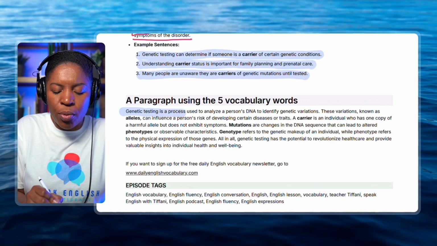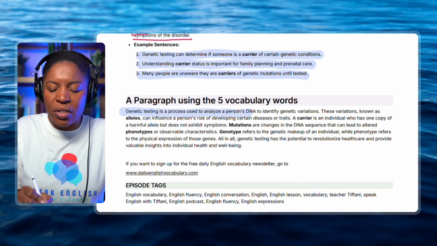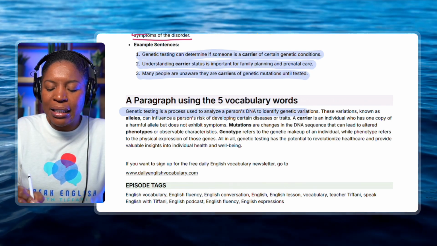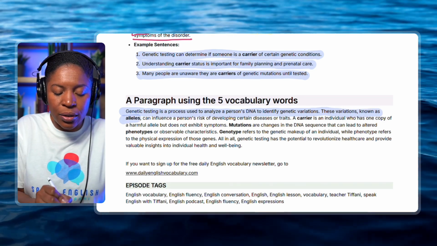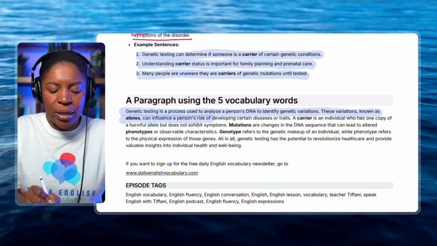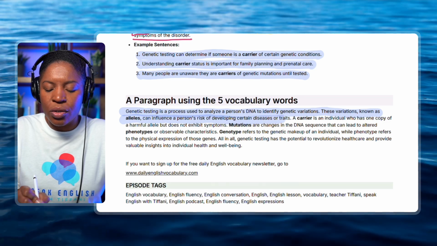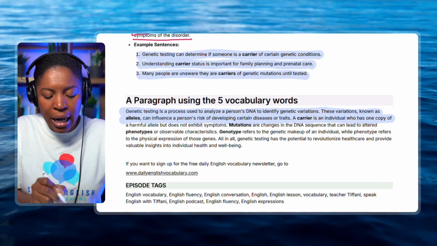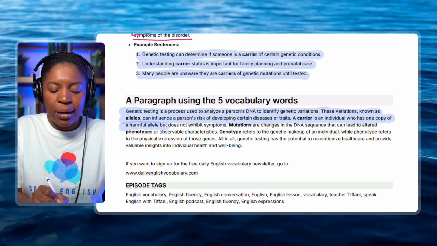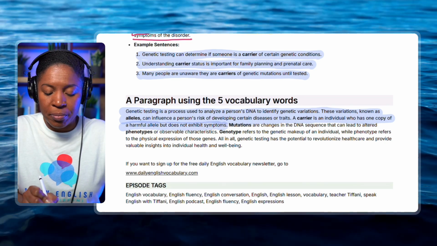Genetic testing is a process used to analyze a person's DNA to identify genetic variations. These variations, known as alleles, can influence a person's risk of developing certain diseases or traits. A carrier is an individual who has one copy of a harmful allele but does not exhibit symptoms.